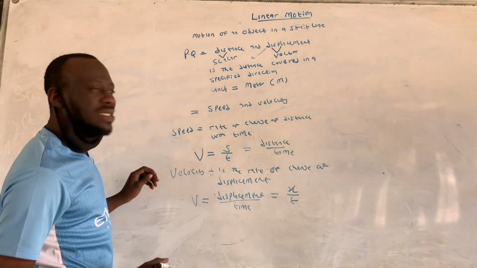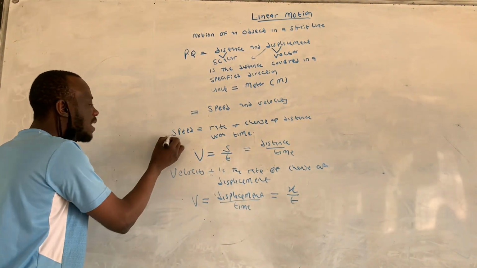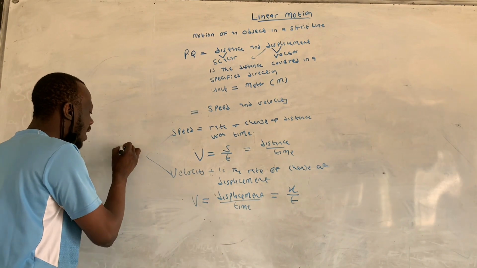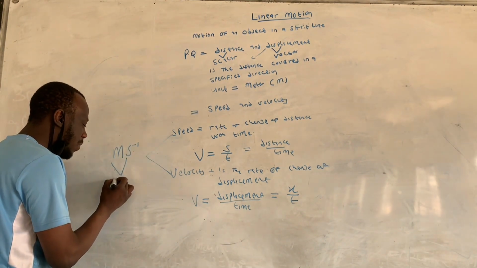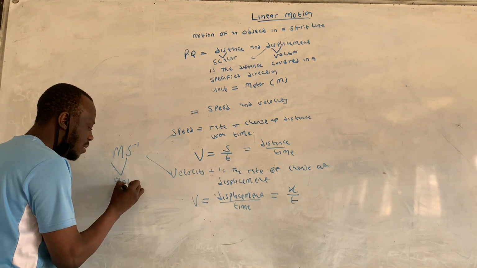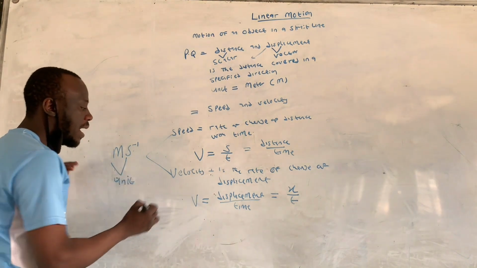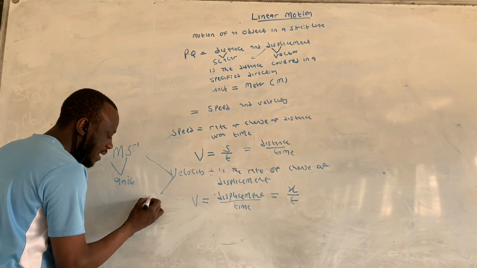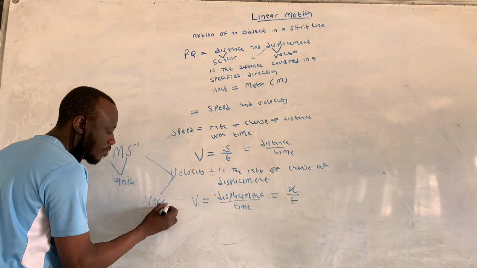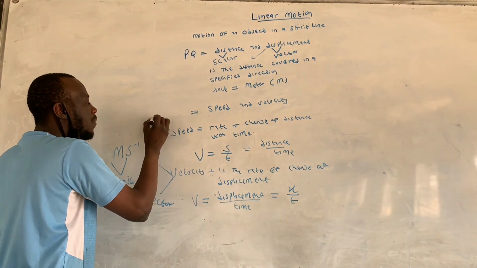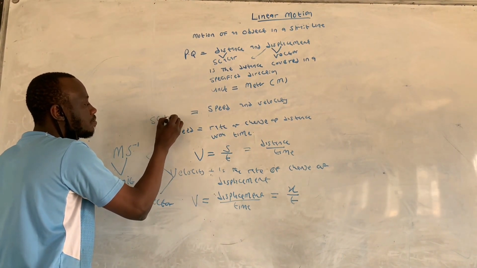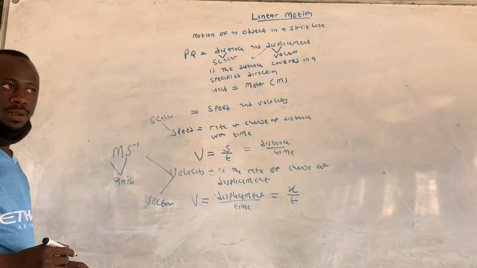This means the unit for both speed and velocity is meter per second, their SI unit. But remember, velocity is a vector, whilst speed is a scalar.